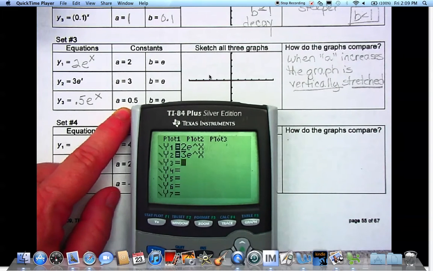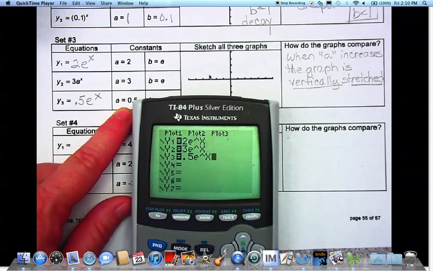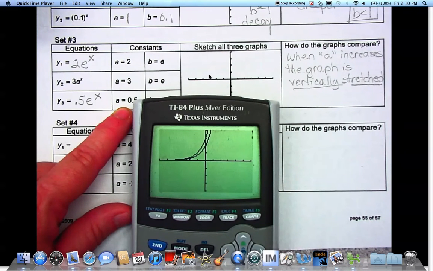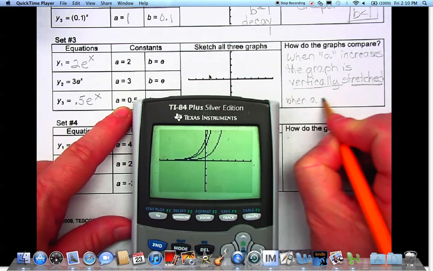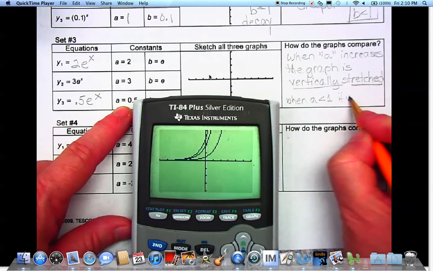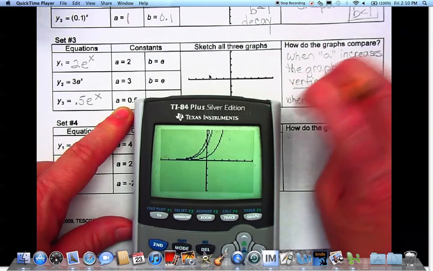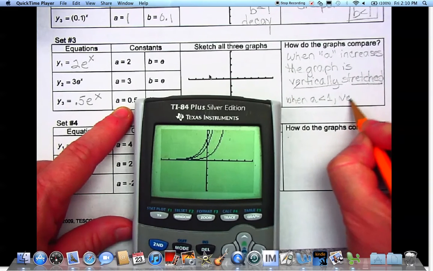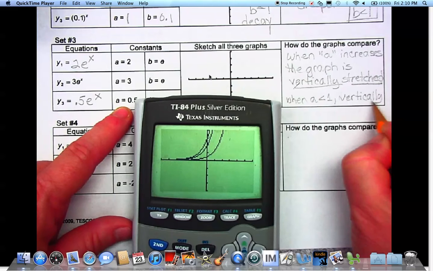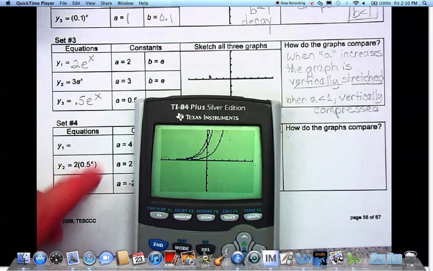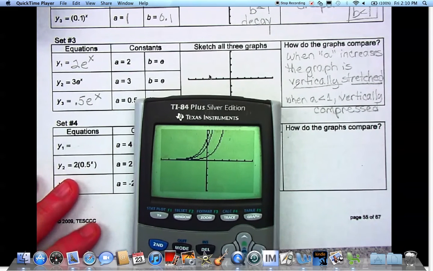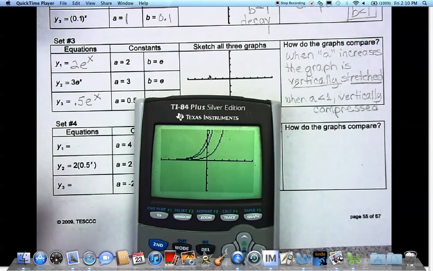Okay, so we're going to put 0.5 second division rooftop X. So when A is less than 1, it is vertically compressed. So let's just put vertically compressed here. When A was greater than 1, it was vertically stretched.